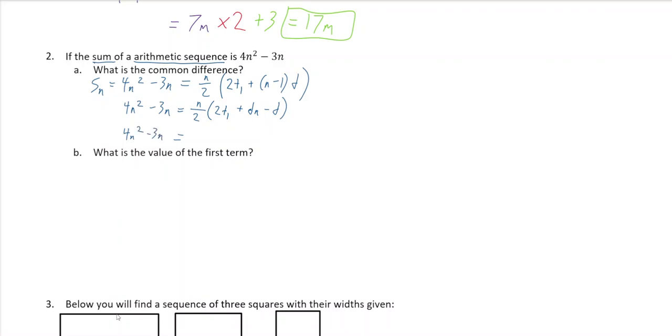So it'd be t1n plus d over 2 n squared minus d over 2 n.